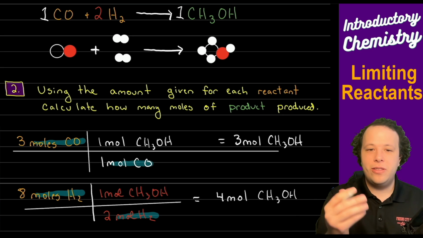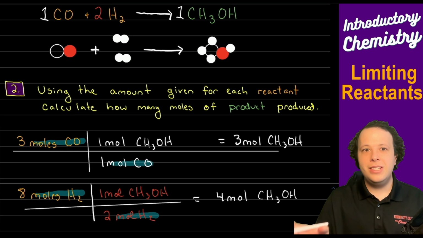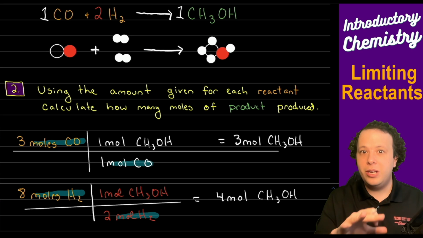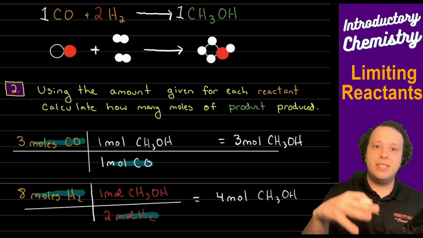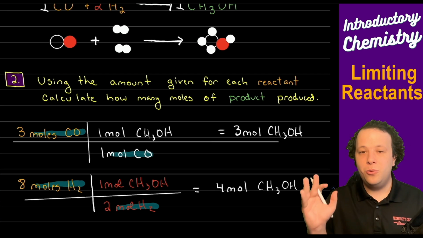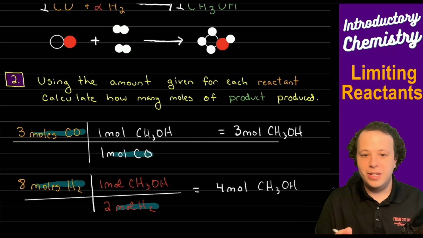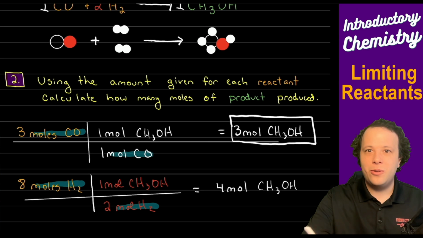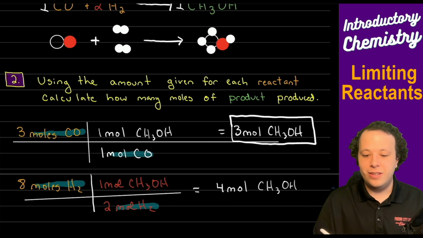Now, what do both of these numbers tell you? The first one said that if you use up all 3 moles of CO, we create 3 moles of methanol. The second one tells you if you use up all 8 moles of hydrogen, we create 4 moles of methanol. So what that tells you is what is going to run out first. Being that when we use up all of the CO, we create less methanol, this is going to run out.